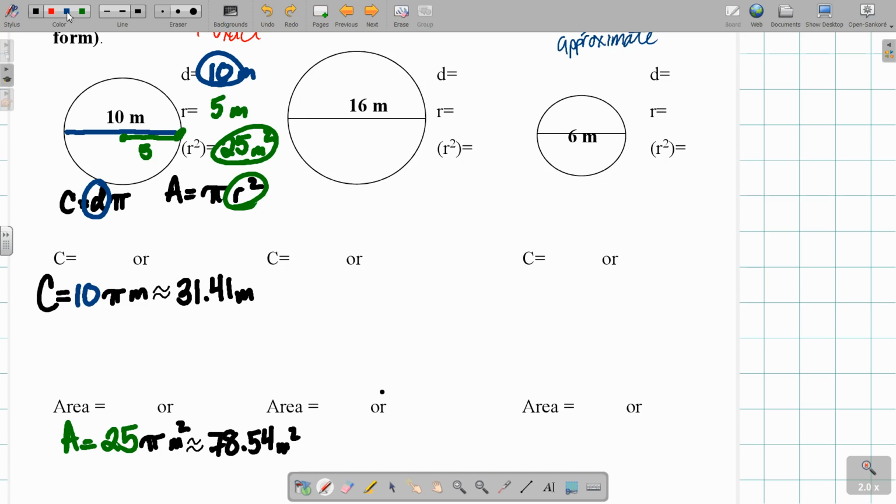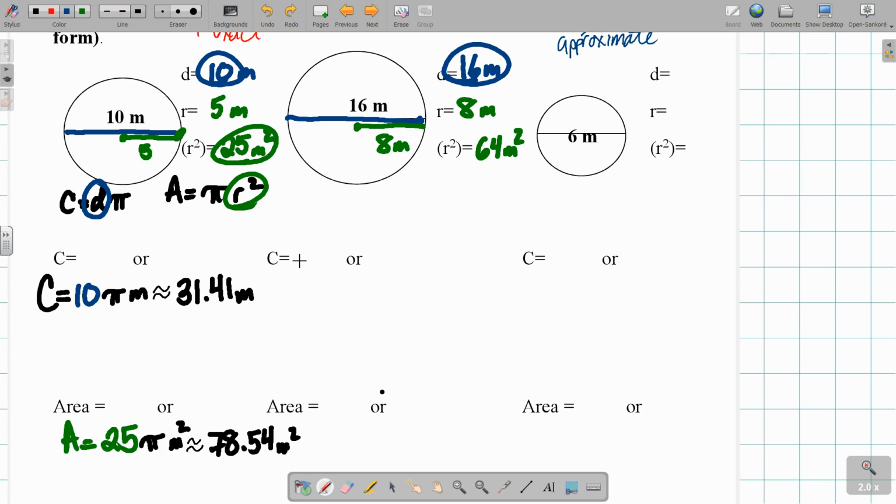Ready? Let's come up here. Our diameter, physically trace it, is 16 meters. Radius, 8 meters. Radius squared, 64 meters squared. C equals d pi.